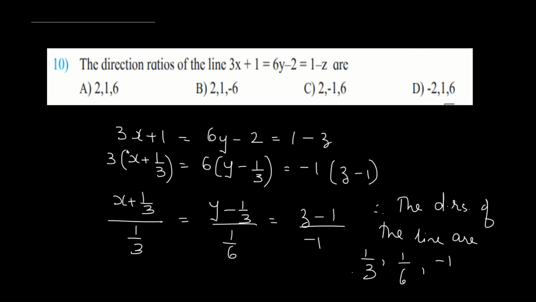Now we convert this. We take 6 as the LCM here. So we multiply each ratio by 6. So we get 2, 1 and minus 6. So thus the correct option is option B, which is 2, 1 and minus 6 in this case.